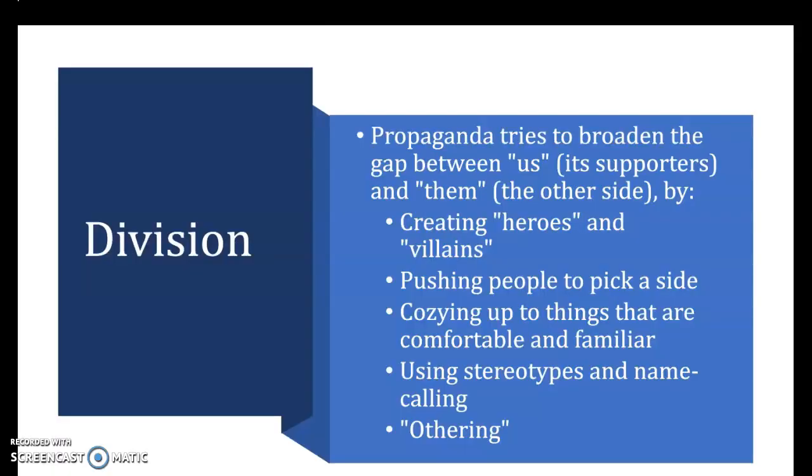And then lastly, division. This is really important. Propaganda is always trying to create an us and a them. So it's there to broaden that gap between the us, the supporters of whoever is disseminating the propaganda, and the them, whoever that other side is, okay? And they'll do this by creating heroes and villains, right?